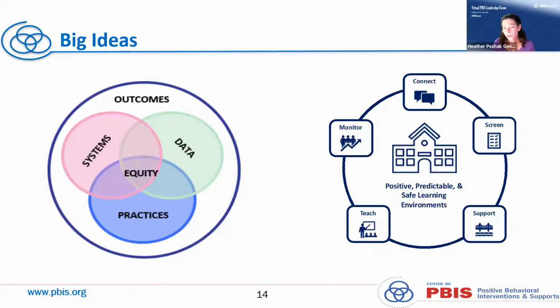And that leads to how we're engaging in our practices. It's connecting with our folks through relationships. It's using our data to screen and catch kids early who need the most support. It's providing that support. It's teaching kids not just the academics, but teaching them the behavioral, social-emotional expectations.